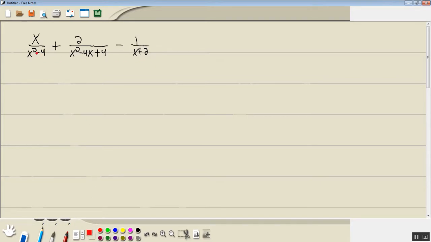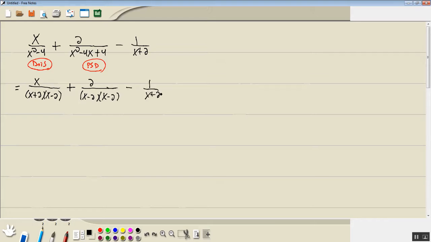And how we do that is we factor all of our denominators. This is a difference of two squares, this is PSD, and this last one's nothing. It's already factored as much as it can be. So this factors as x over x plus 2, x minus 2, plus 2 over x minus 2 times x minus 2, minus 1 over x plus 2.